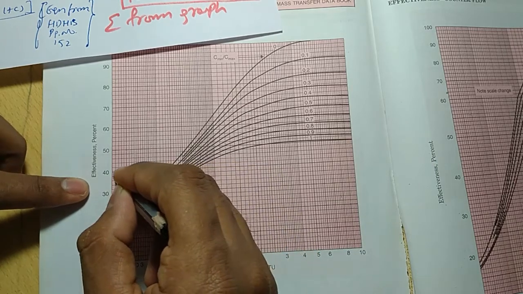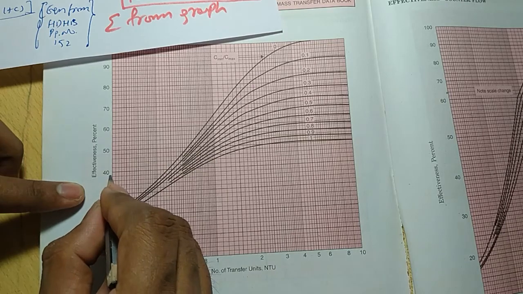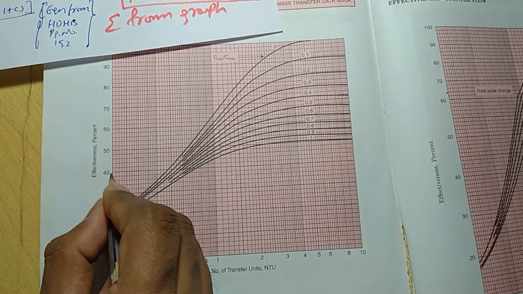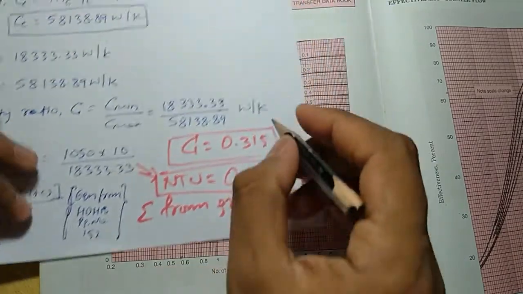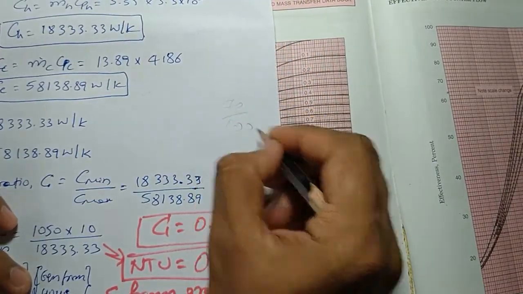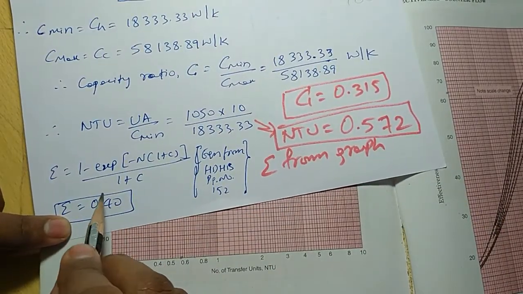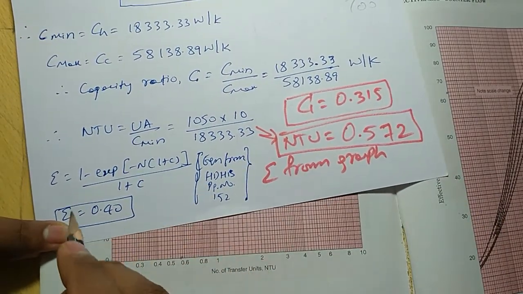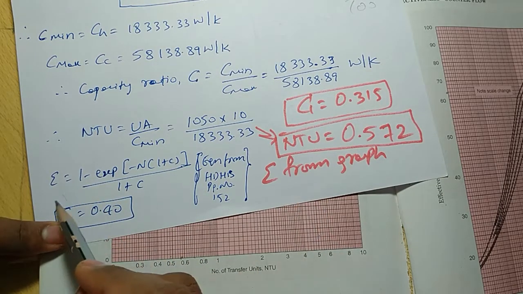Suppose if you drop here, 40%, or 39%, or almost near to 40%. 40% is nothing but what? 40 divided by 100. That is nothing but 0.4 only. Okay. If you know the NTU and C, you can calculate effectiveness from the graph, or also you can calculate it from the equation. Okay.